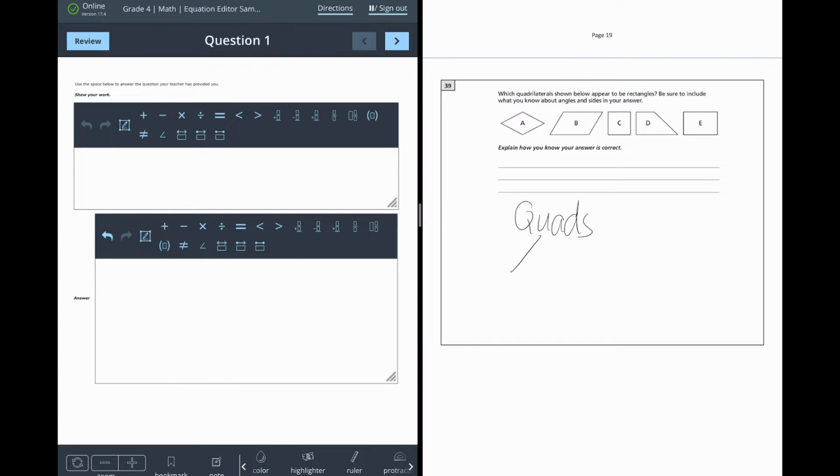And with quadrilaterals, I can have parallelograms, which have 2 sets of parallel lines. And if my parallelograms have 2 sets of parallel lines and they have 4 right angles, I'm going to get a rectangle.